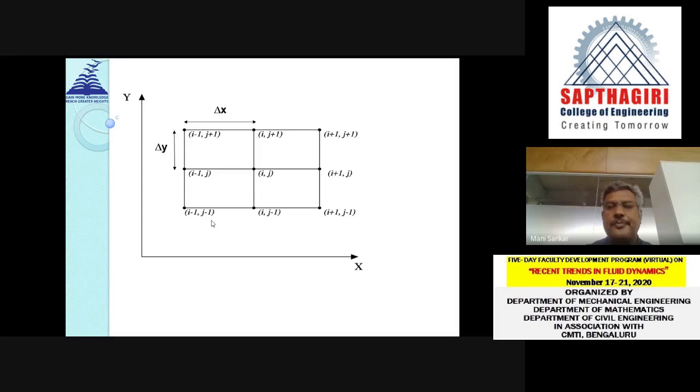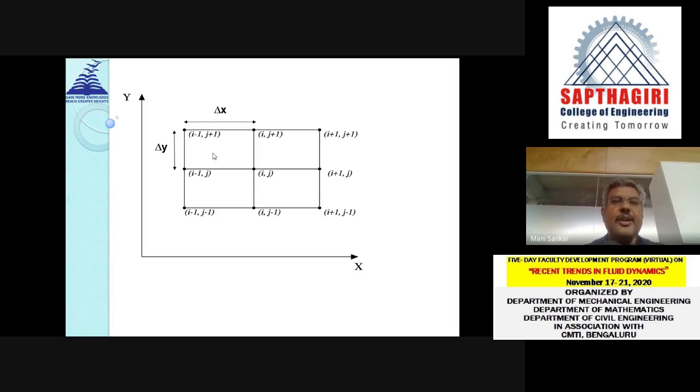In the positive x direction, i increases, and in the negative x direction, i decreases. Similarly, in the upward and downward directions, j increases and decreases respectively.